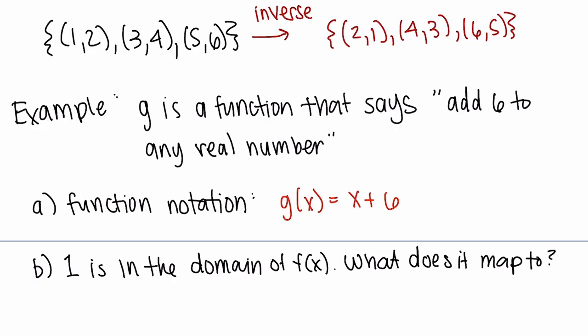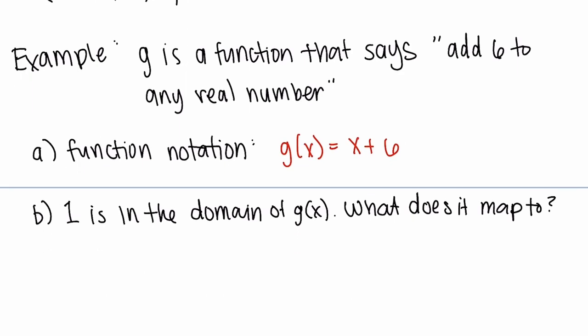This is basically asking, well, what is f of, or sorry, I wrote f of x. That should be g of x. I was looking at an example on my computer, which was f. We want to do the one with the g. So what does it map to? This is just saying g of 1 equals what? It's equal to 1 plus 6, which is 7.